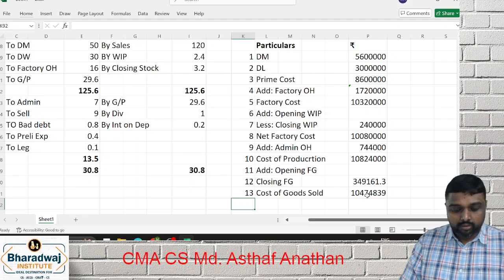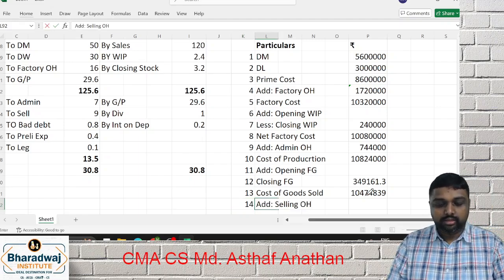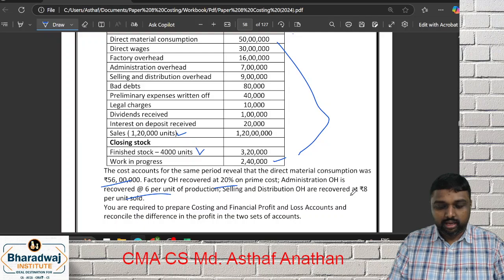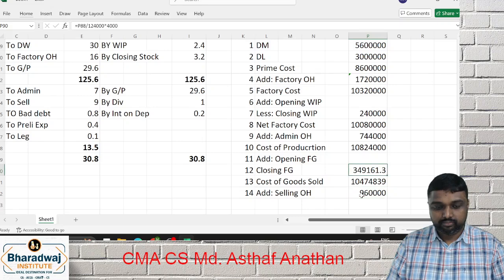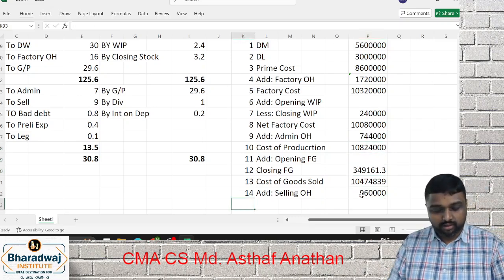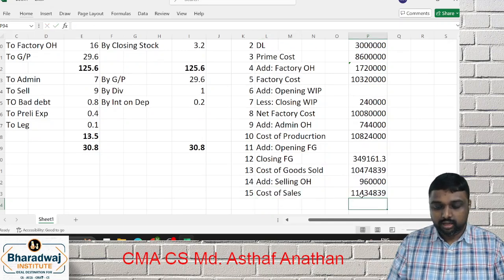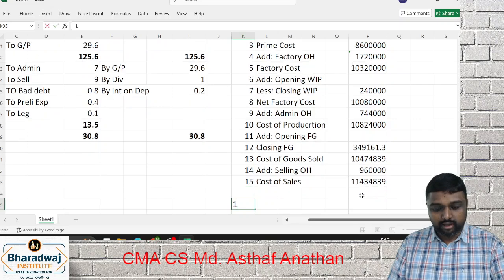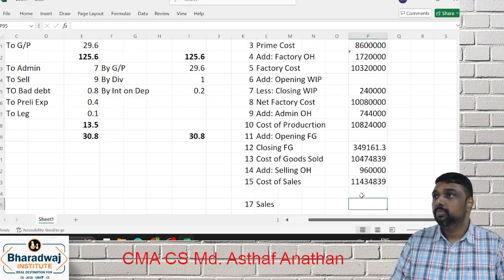Now we go for selling overhead. They said 8 per unit sold. How many units sold? 1 lakh 20,000 into 8. This is what is called cost of sales. Sales value we already know.